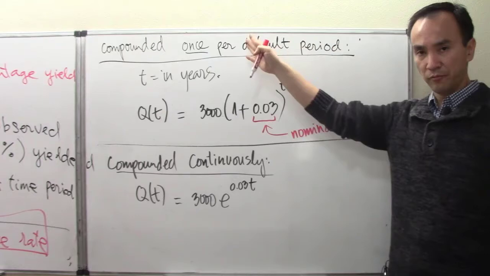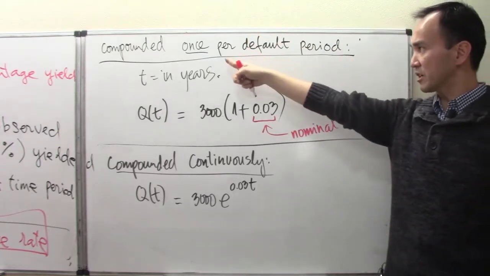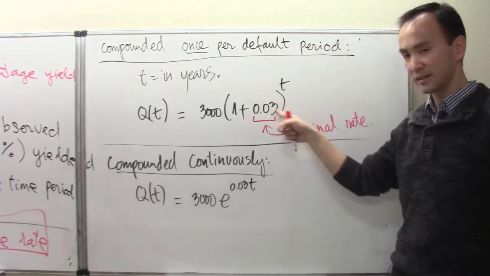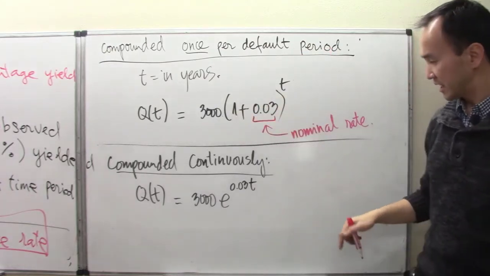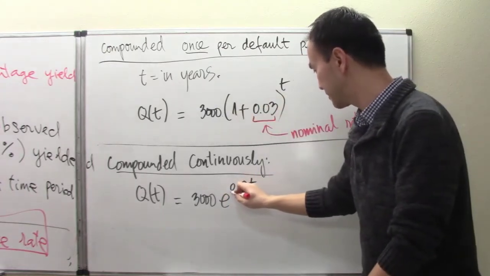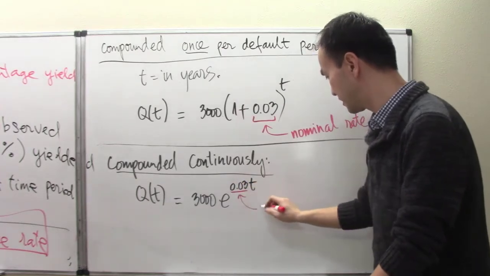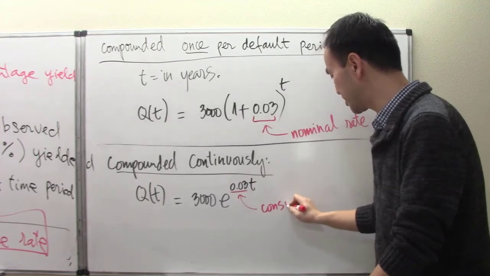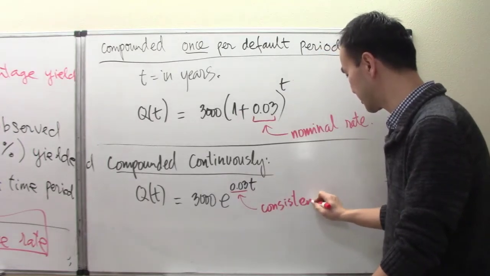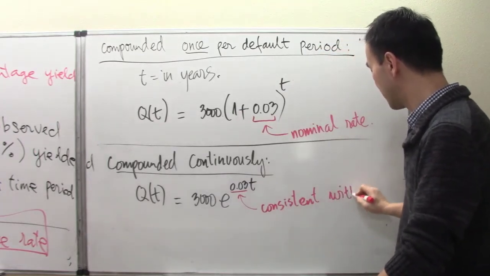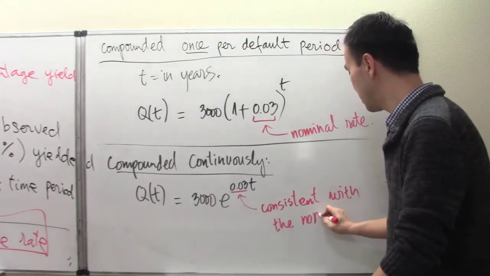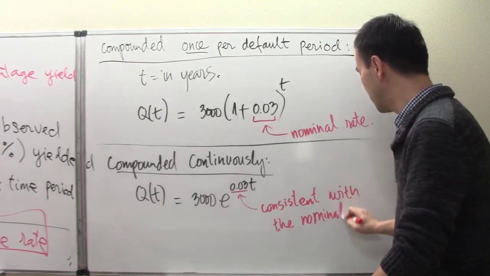And here, if we're compounding once per default time period, then it goes like that. And then here's that number right here. Yes, that number is always consistent with the nominal rates.